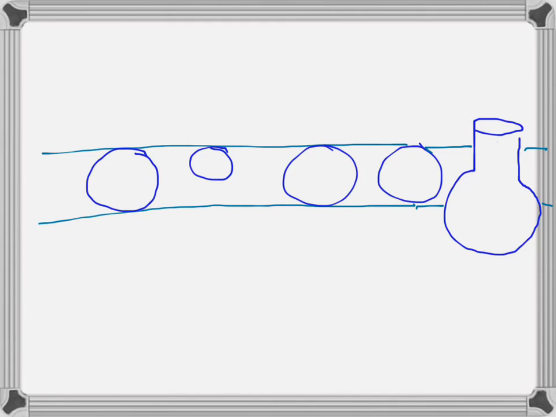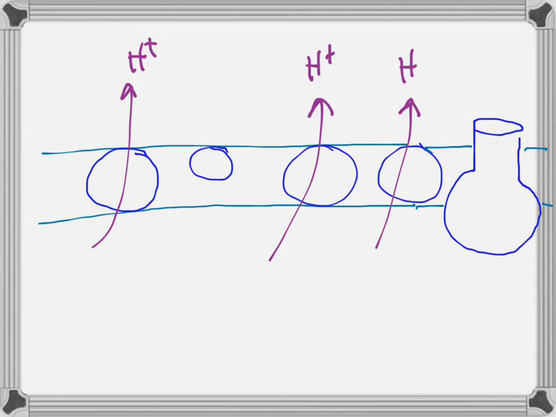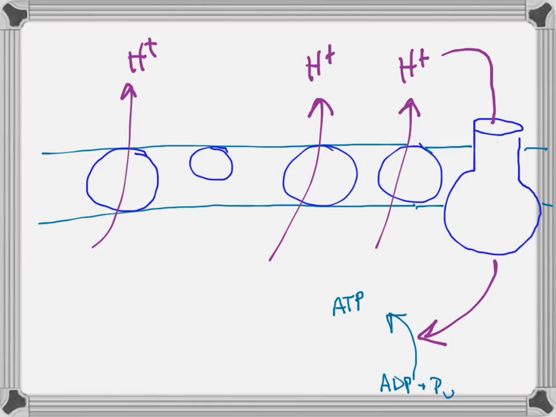Okay. Anybody know what this is yet? Yeah, it's the electron transport chains. This is a great example of transport systems, okay?